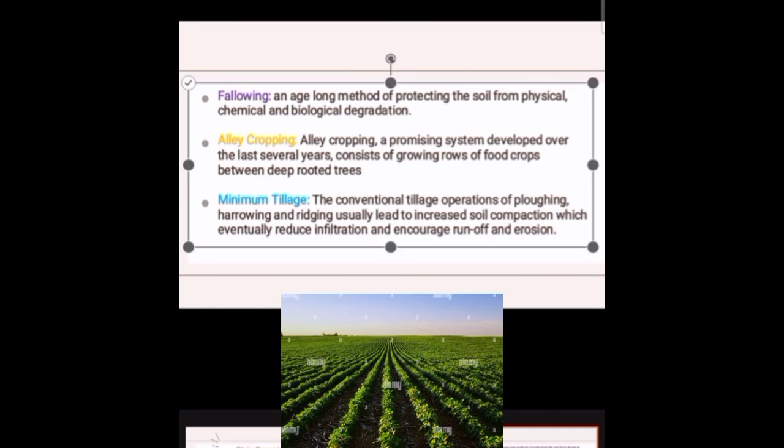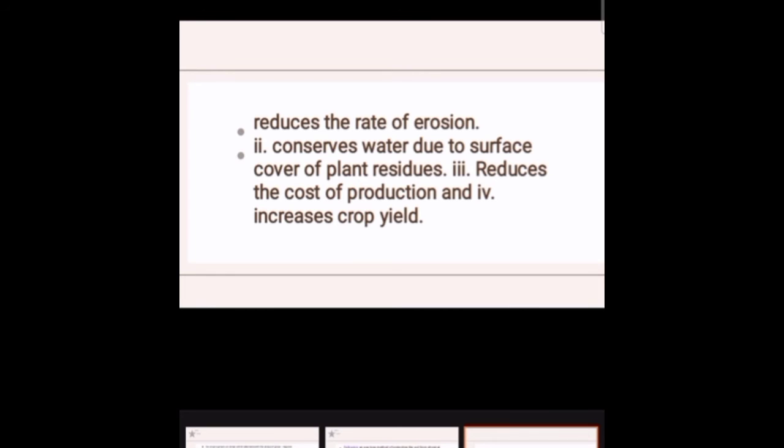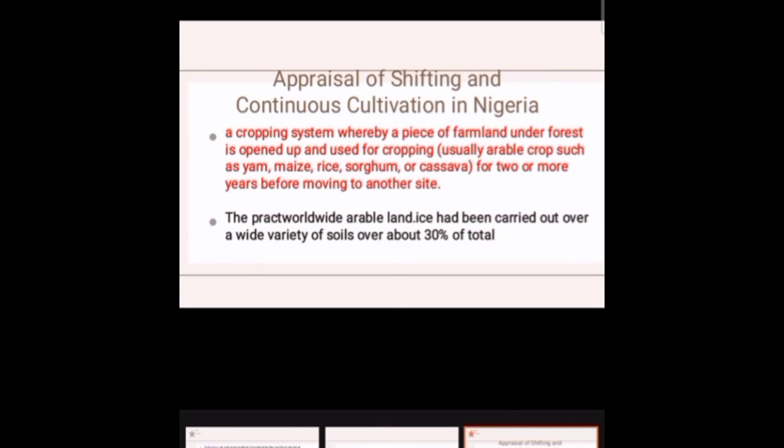The minimum tillage system eliminates all tillage operations except planting and has the following advantages: reducing the rate of erosion and conserving water due to surface cover of plant residues. It also reduces the cost of production and increases crop yield.